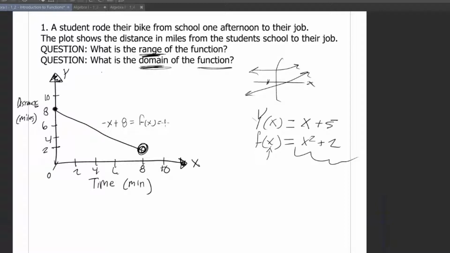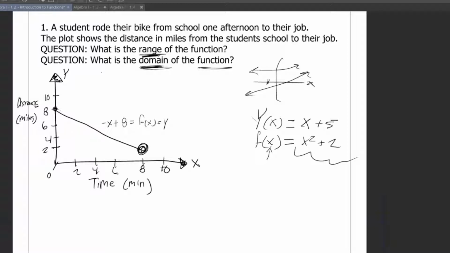Or you can say y equals negative x plus 8, f of x, a function of x equals negative x plus 8. I don't want to overcomplicate it, but the range is going to be the output of this line.